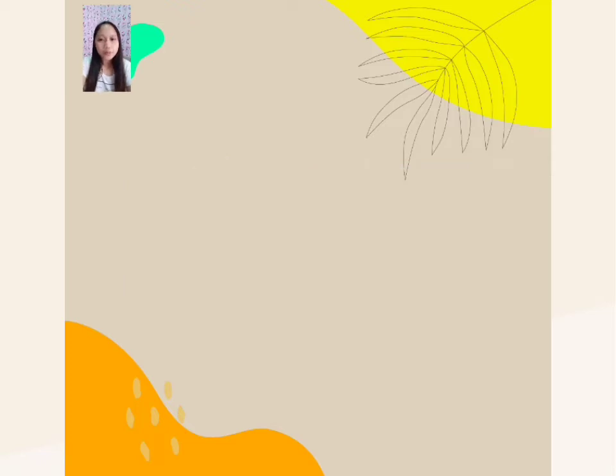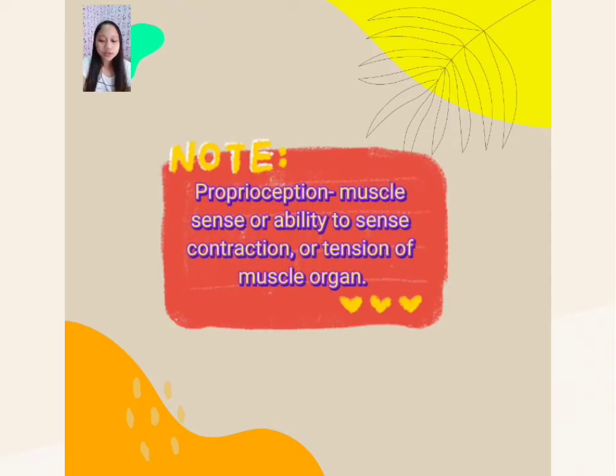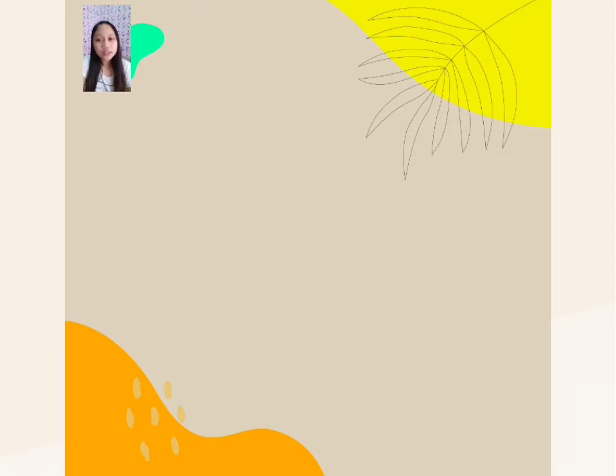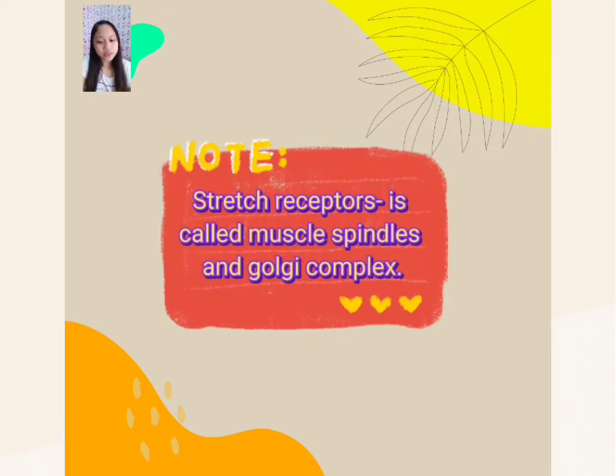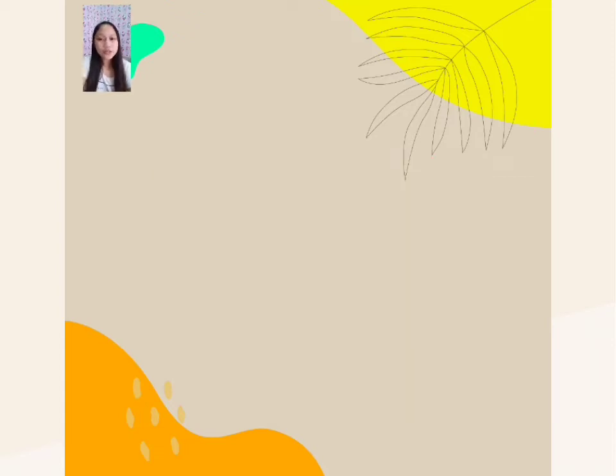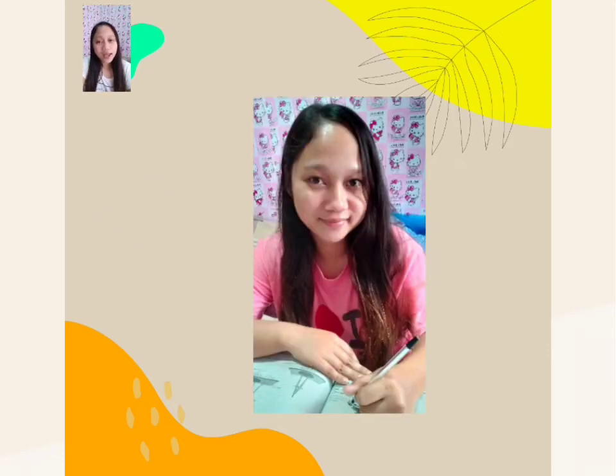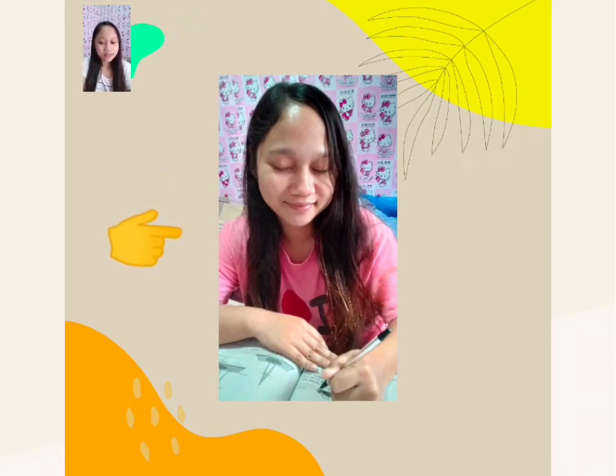Proprioception means muscle sense, the ability to sense contraction or tension of muscle organs, including stretch receptors called muscle spindles and Golgi complex. In the use of signature lines, first with eyes open, and next with eyes closed.